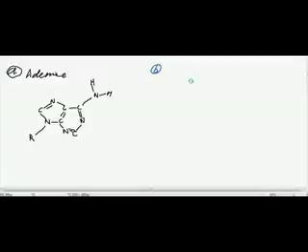Now, second one was guanine. So it has a slightly different structure. Two rings again, so N here, carbon here, and nitrogen here, a carbon, another carbon, another carbon here, a nitrogen here, another carbon here, and a nitrogen here.